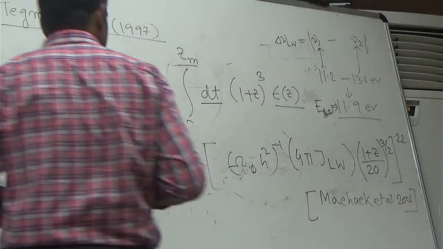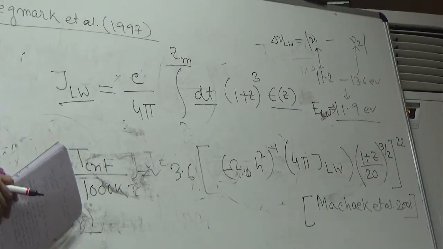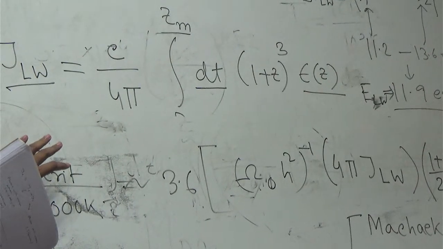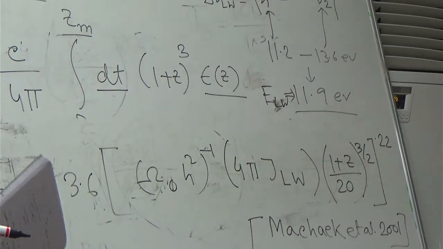Now, due to this Lyman-Warner background, the minimum T virial becomes, you can calculate, equal to this.